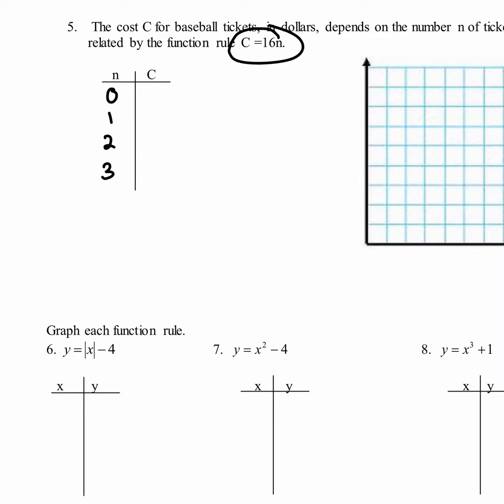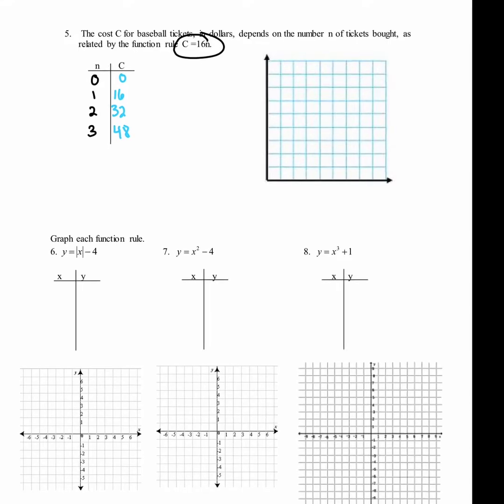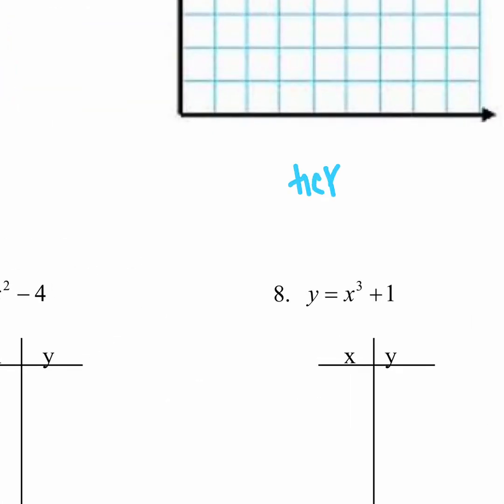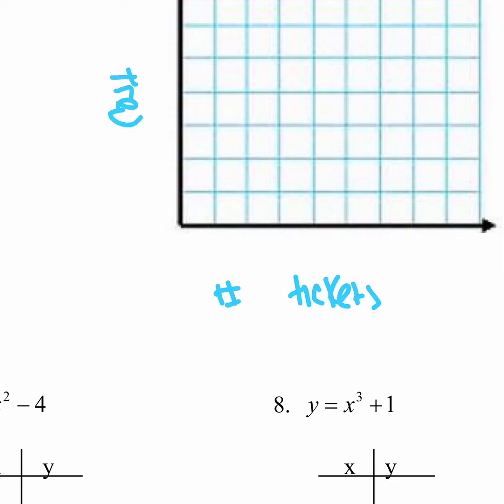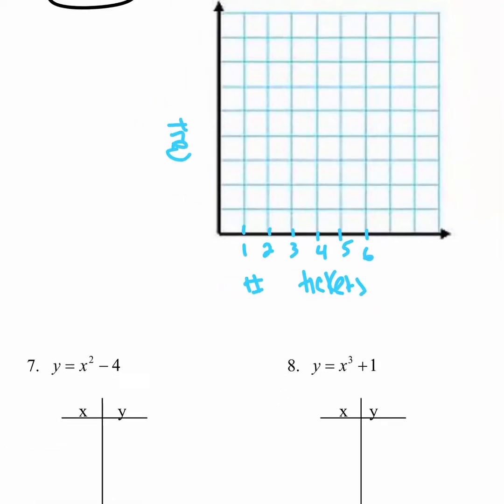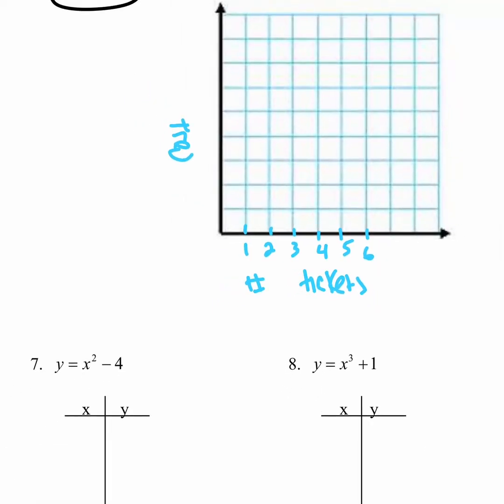When you plug those in, you get 0, 16, 32, 48. Okay, so this is number of tickets. This would be cost. 1 ticket, 2, 3, 4, 5, and so on. Cost, let's see, looks like it goes up by 16, but just to spread it out a little more, I'm going to go ahead and go up by 8.